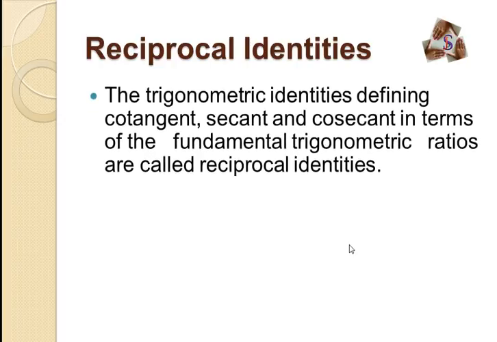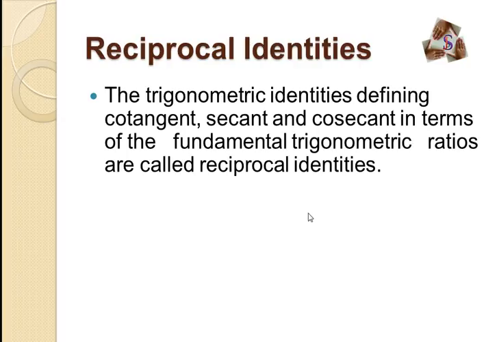Let me begin my explanation with reciprocal identities. So what do we mean by reciprocal identities? The trigonometric identities defining cotangent, secant and cosecant in terms of fundamental trigonometric ratios are called reciprocal identities.